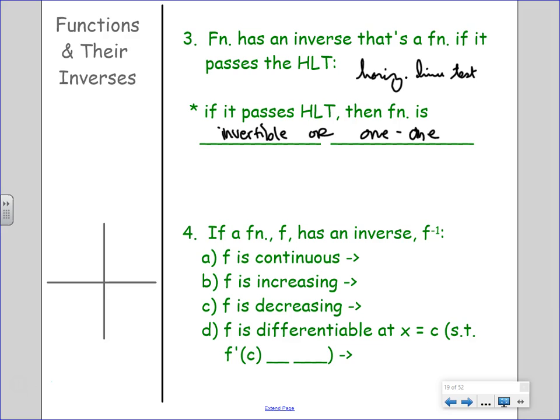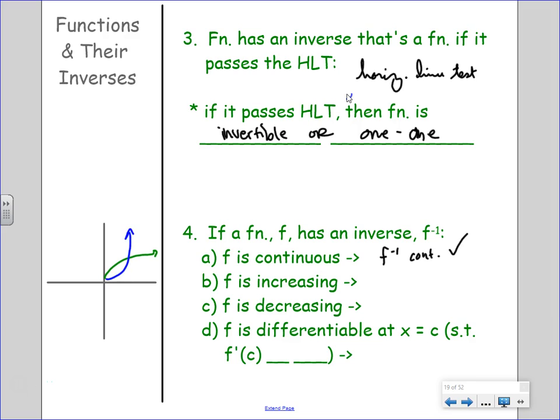If a function f has an inverse f inverse, if f is continuous, guess what's going to be true for f inverse? f inverse is going to be continuous as well. If f is increasing, like the square root of x, what's going on with f inverse?